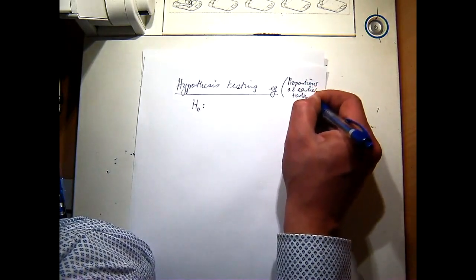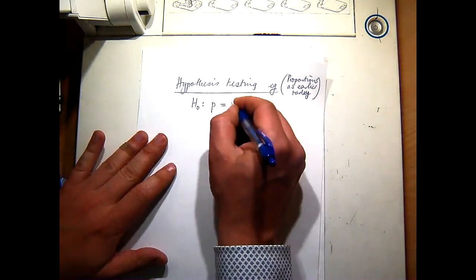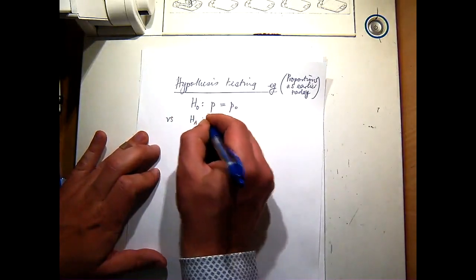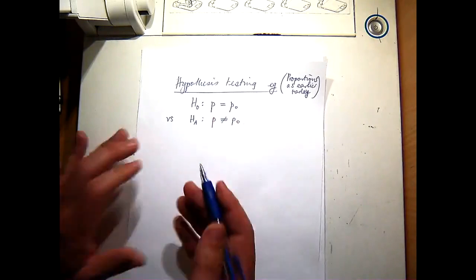If you have a hypothesis about the true proportion versus the alternative hypothesis, let's say two-sided, p not equal to p0, we'll set up the terms of this a whole lot more later.